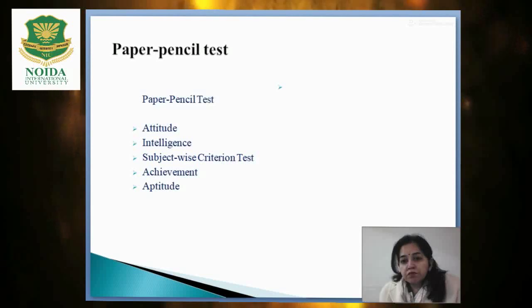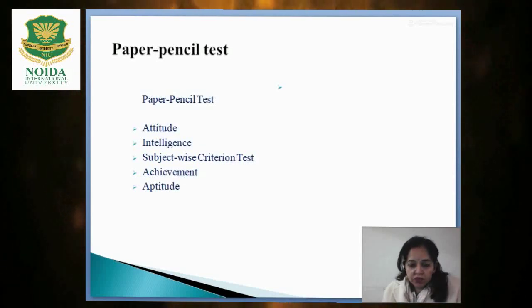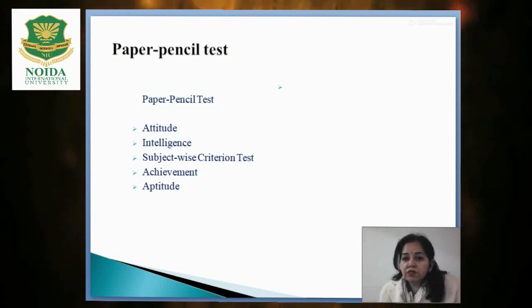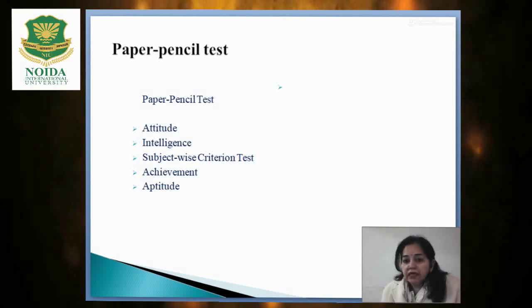So basically the paper pencil test focuses on these areas and we can measure all these areas through it. The areas which are difficult to assess can also be assessed through this test, that is attitude, intelligence, subject wise criterion test, achievement test and aptitude test.